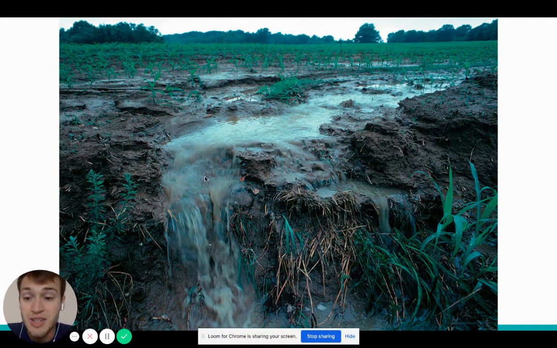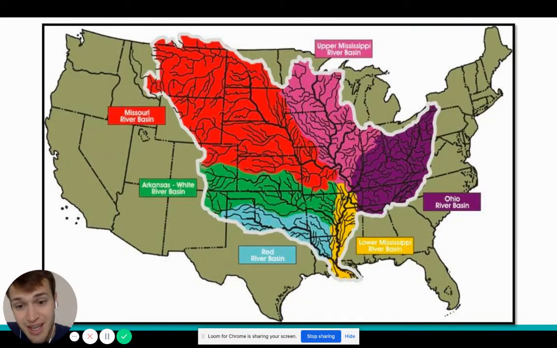So anyway, this water is going to carry the fertilizer and the manure, sources of nitrogen, to the nearest river. In the United States, half of the United States and most of the Midwest is covered by the Mississippi River Basin. So this is basically all one watershed. And so we know that there's a lot of farming that happens in the Midwest.